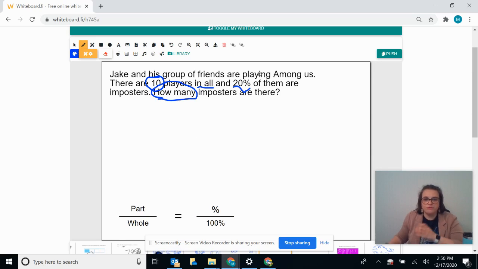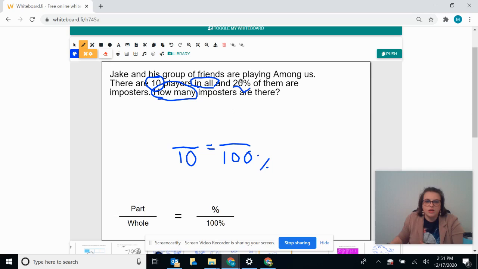Okay, when I read this and I use my percent problem formula, I see that it says there are 10 players in all. What does that tell you about where 10 goes? In all means whole, so 10 is our whole. Then we already know 100%.